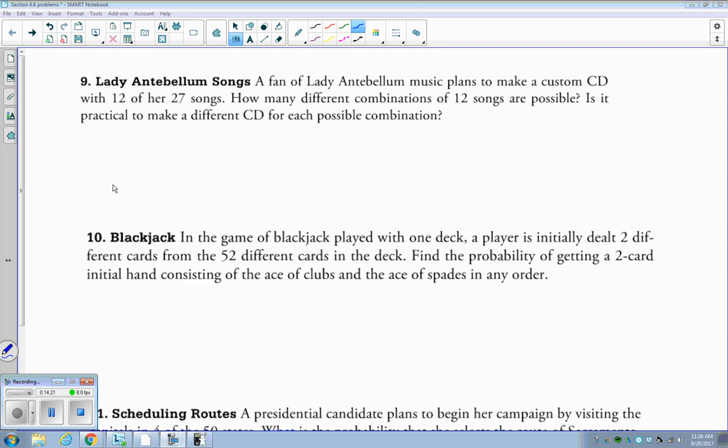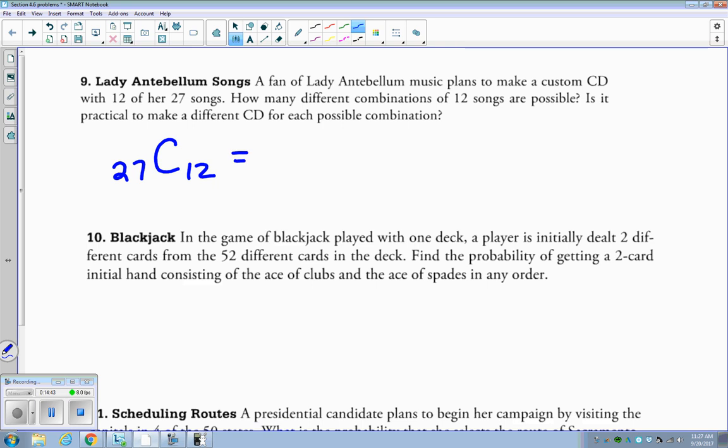First, tell me what you did. Is it a combination or a permutation? It is a combination. So I'm going to use my combination. I've got 27 to choose from. It is a combination, and I'm choosing 12.